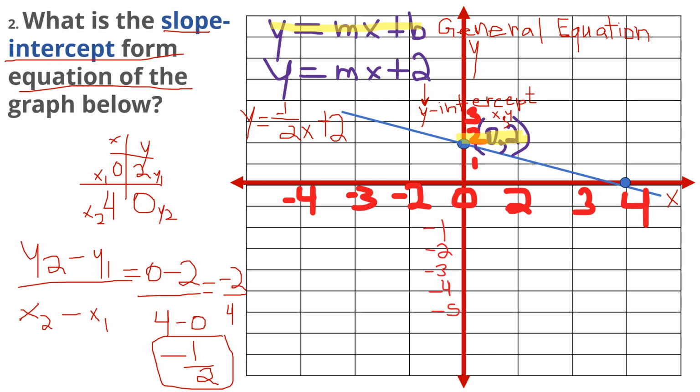You can go here, down 1 and over 2, and that's your next point. If you started here and went down 1 and over 2, you really went negative 1 down, but positive 2 over. It's still negative 1/2. Either way, your slope is still negative 1/2, and it still goes into this equation.